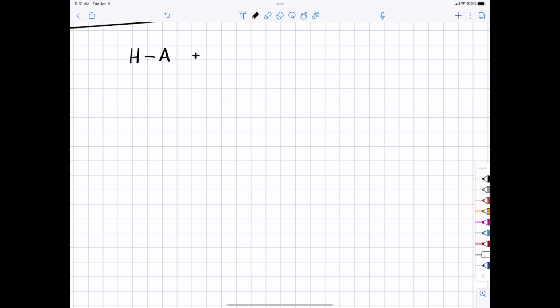So you add HA to H2O. There's some equilibrium constant that gives you H3O plus and A minus. Okay, that should look painfully familiar. It's useful to define some terms. On this side of the equation, we have our acid, and this one acts as a base because it gets the hydrogen, or the proton.